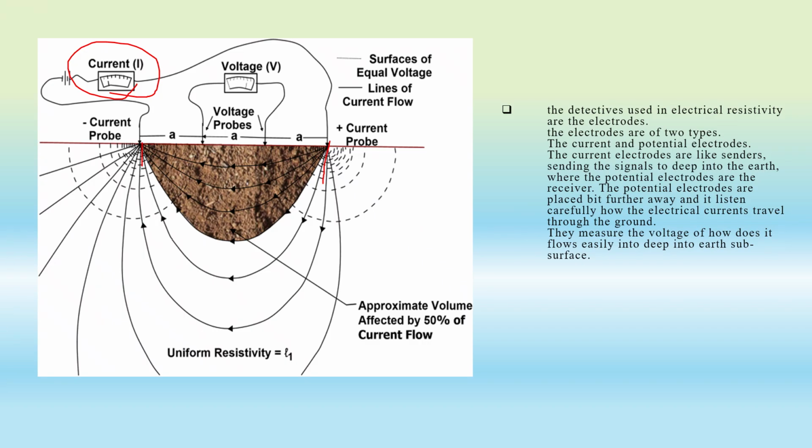The potential electrodes are placed further away, and they listen carefully to how the electrical current travels through the subsurface of the ground. They measure the voltage, showing how easily it flows deep into the Earth.